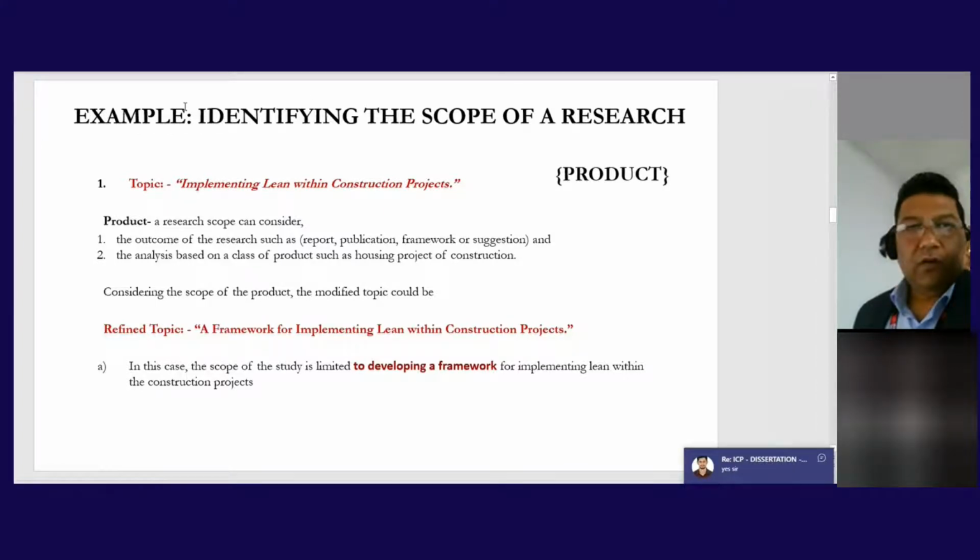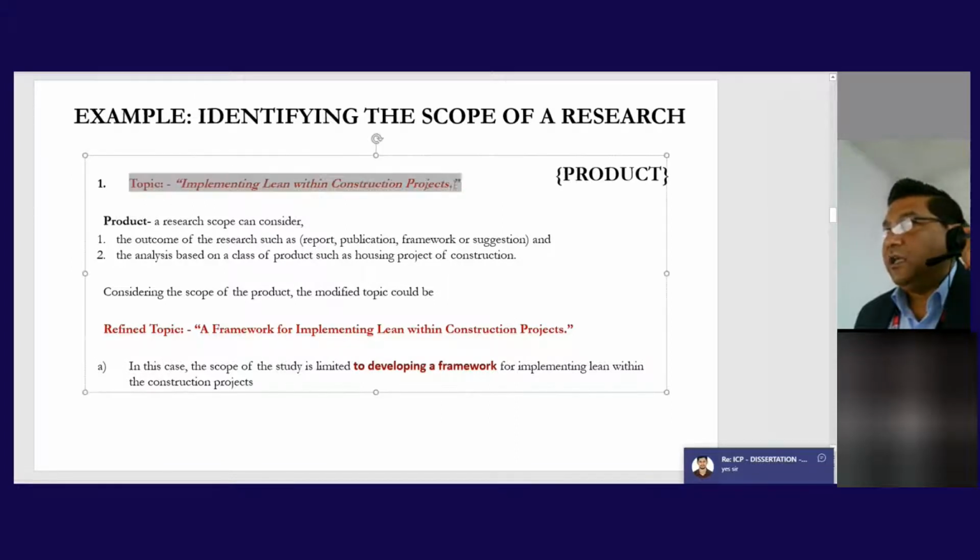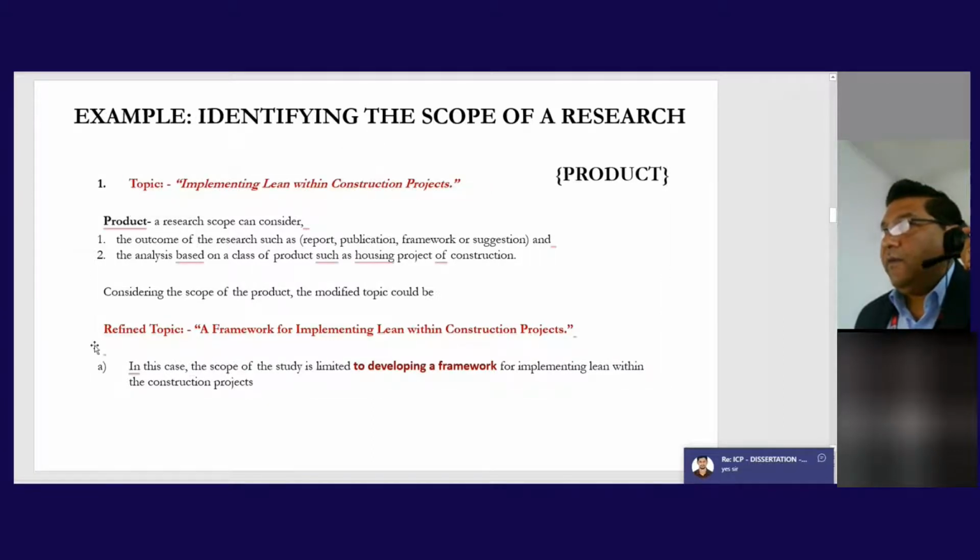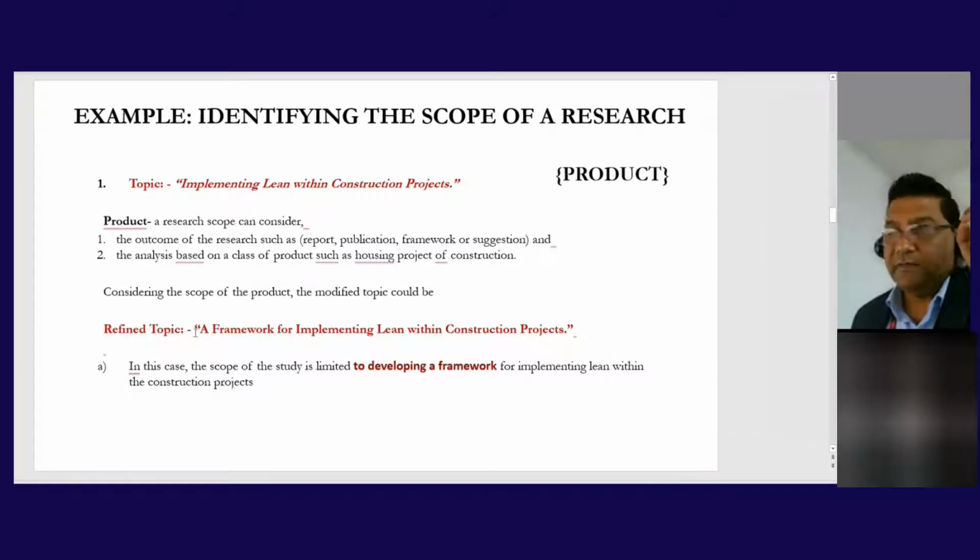Okay, now over here we had a topic which is the generic topic, implementing lean with construction project. Now in that topic, I have refined the topic because now I know the product that I'm going to develop: a framework. Now I define the topic, a framework for implementing lean within construction projects. So the product is the framework.